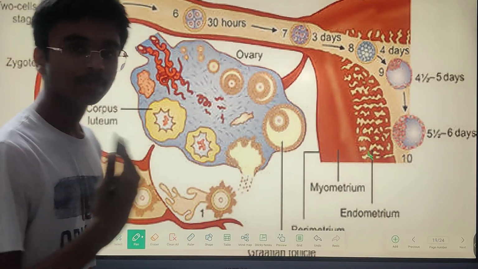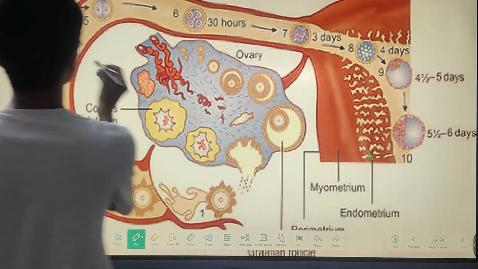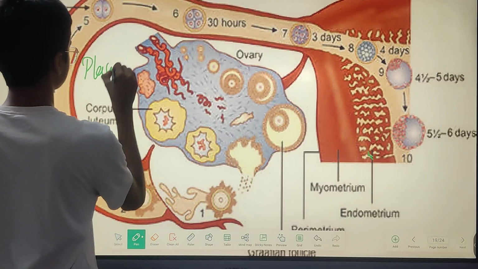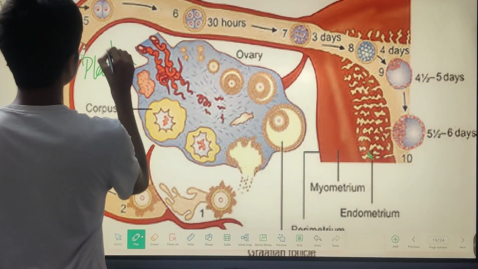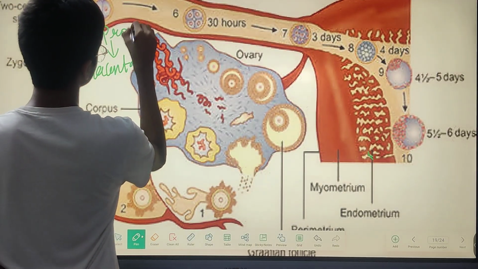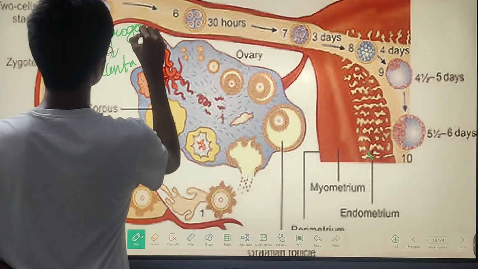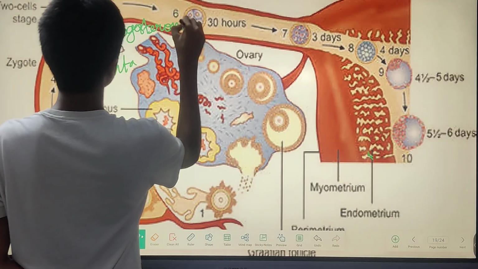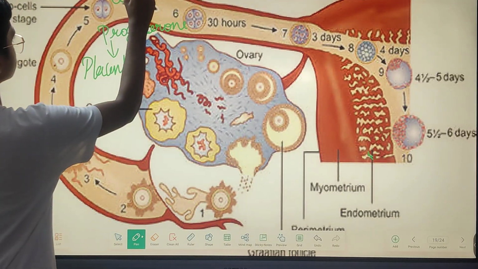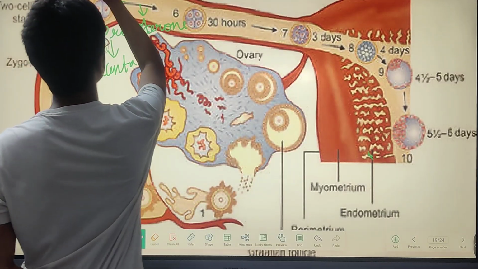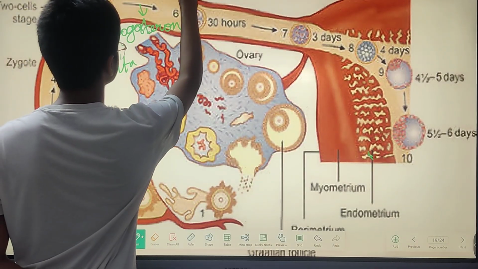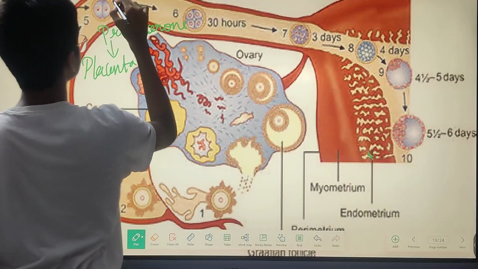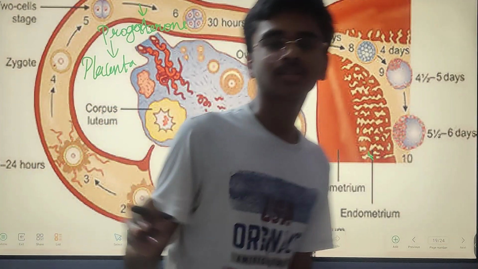And as I said, for placental creation, a very important thing is going to be progesterone, which is secreted by the, sorry, what are they?